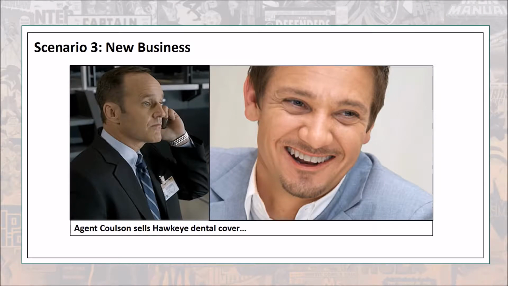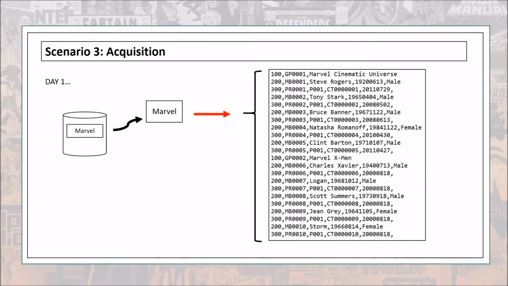Scenario 3, new business. Hawkeye gets dental cover from Agent Coulson. On day 1, our Marvel data represents that Hawkeye, Clint Barton, has a policy registration which has one product against it.